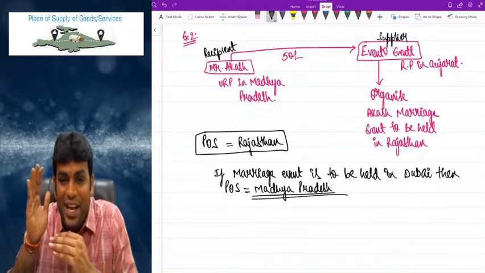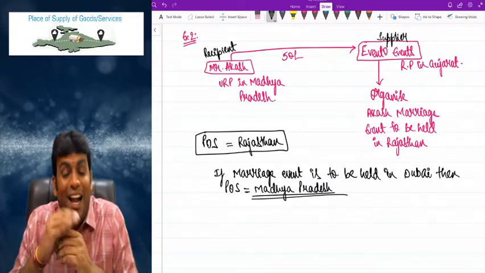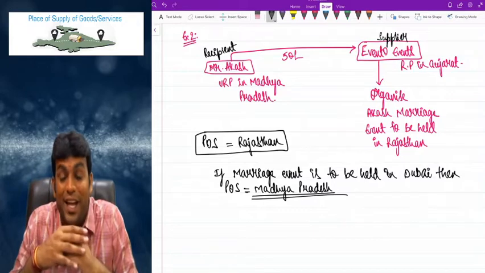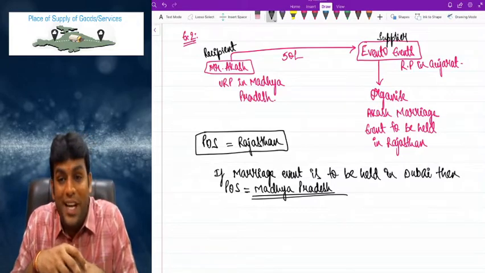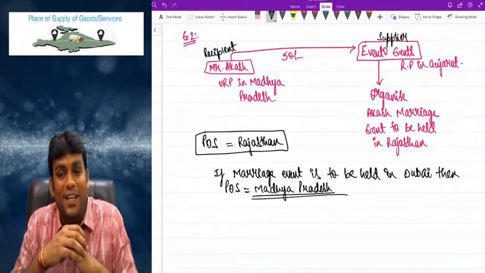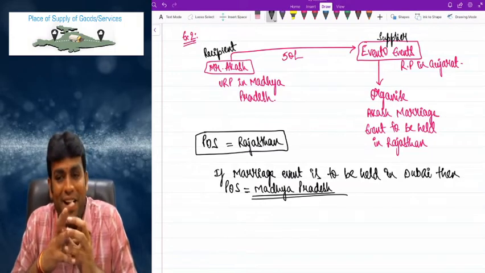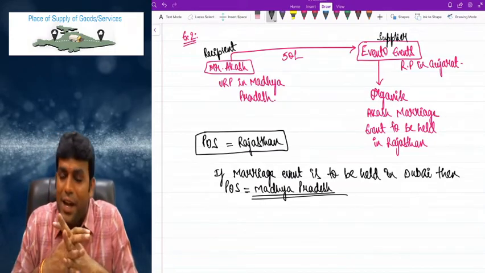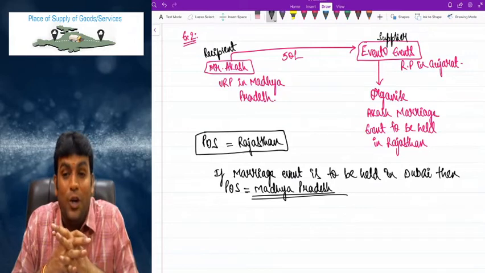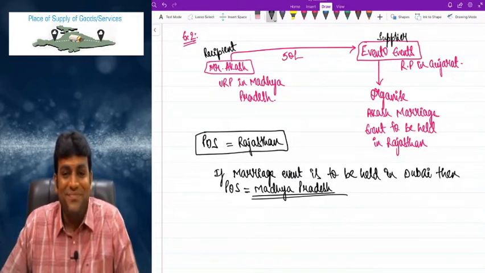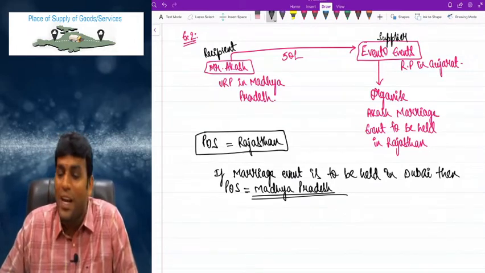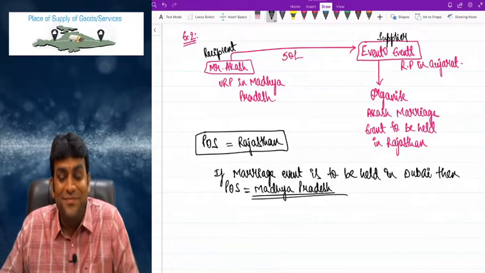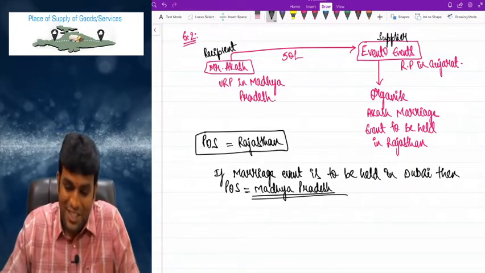Another interesting point to be noted is that if the event is held outside India, then place of supply will be the location of the recipient. Such a great point they told in 12.7. Very interesting and important.